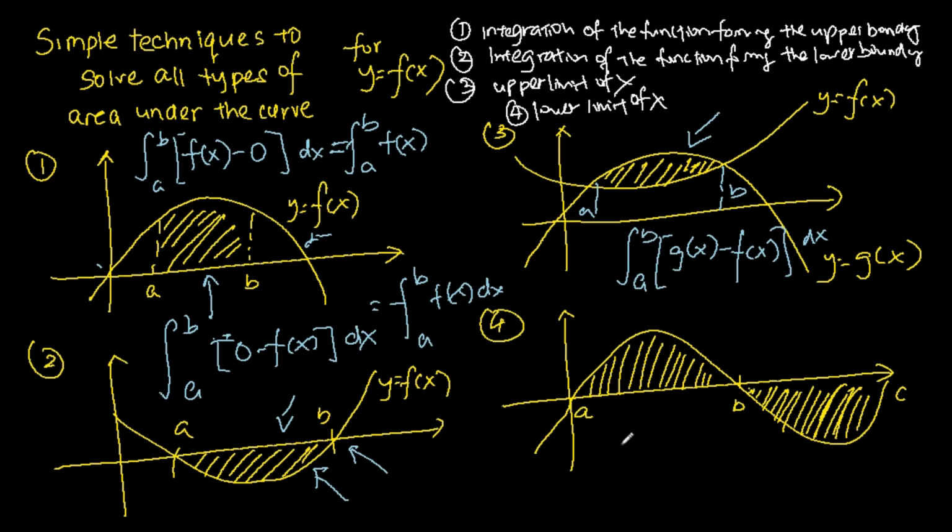Last but not least, let's look at question number 4. To find the area under the curve for question number 4, we have to split it into 2 parts: the part in which the shaded area is above the x-axis and the part in which the shaded area is below the x-axis.